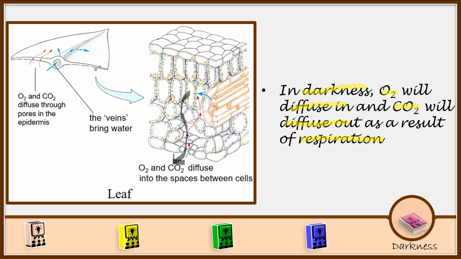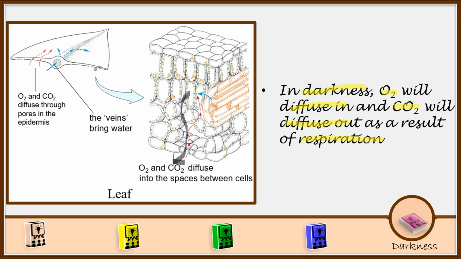Why? Because inside the cell, respiration is taking place, and respiration produces carbon dioxide. Because it is dark, there is no light, therefore no photosynthesis is taking place. Therefore that carbon dioxide is not going to be used, so it will diffuse outside of the plant.